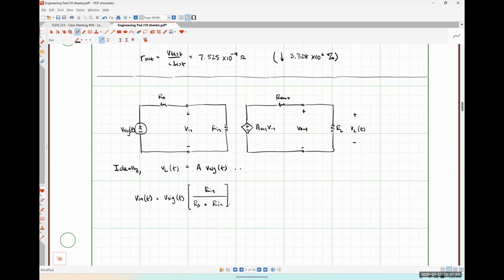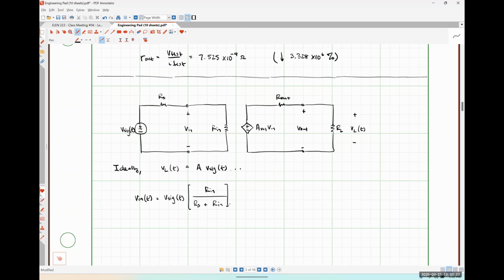Josh, what is your immediate thought? So if I want Vn to be equal to V sig, then that ratio of resistances Rn over Rs plus Rn needs to effectively be 1, right? How does that happen? So if Rs, let's throw numbers at this thing.